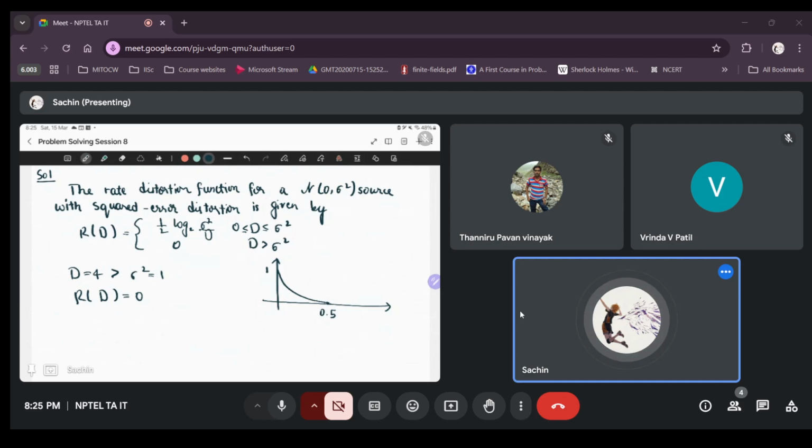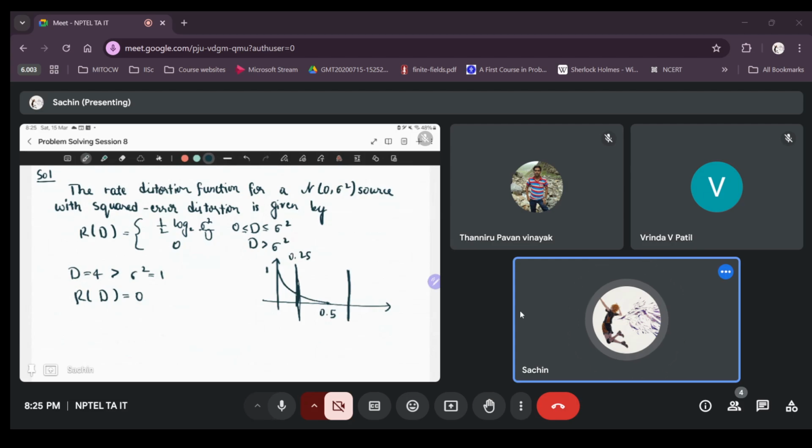Now let's say I tell you that D should be here. You can use any rate between 0 and 1, so the minimum rate you can use is 0. But suppose I tell you that D is somewhere here, I give you a value here, let's say 0.25.